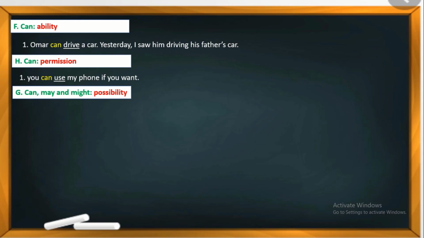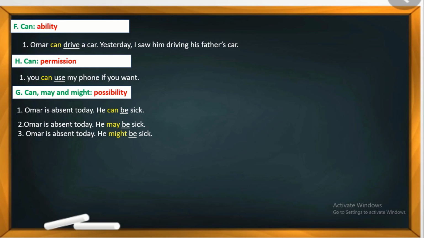Can, may, and might are used to express possibility. For example, Omar is absent today. He can be sick. Maybe he is sick. Perhaps he is sick. This is just possibility. Omar is absent today, he may be sick.